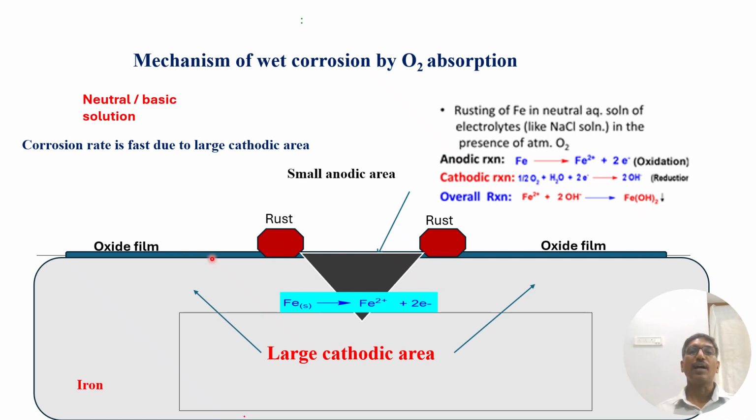Hence, the acceptance of the electron is very poor when it comes to hydrogen evolution. Hence, the rate of the corrosion was a bit slow when compared to this case.